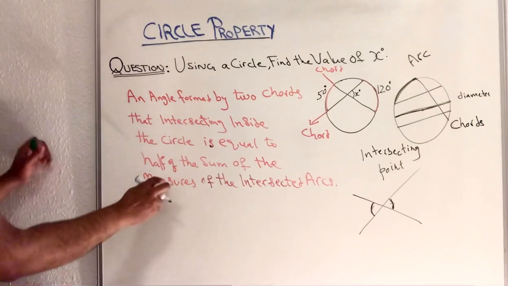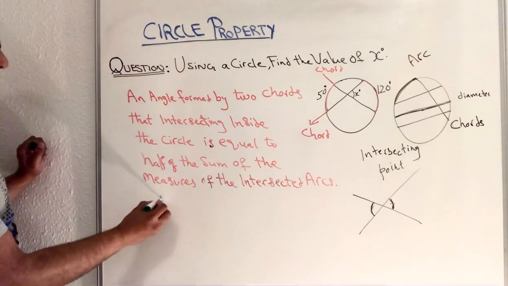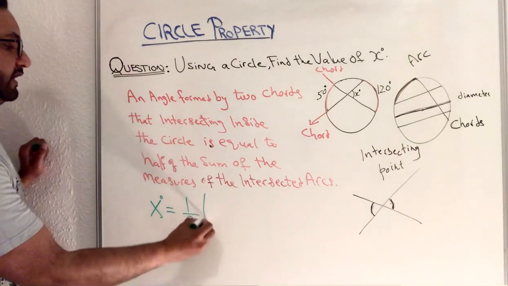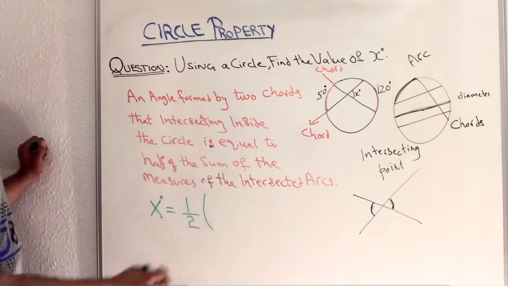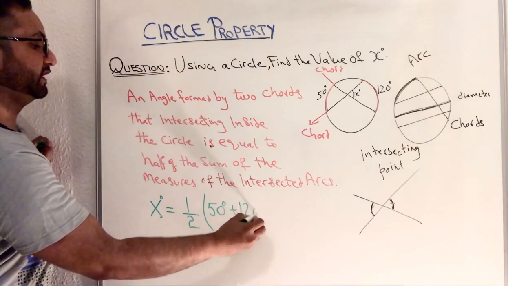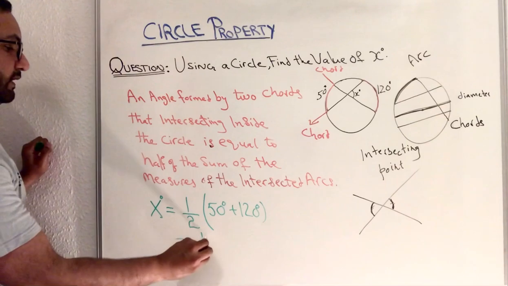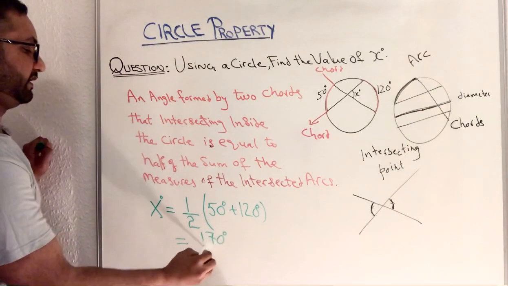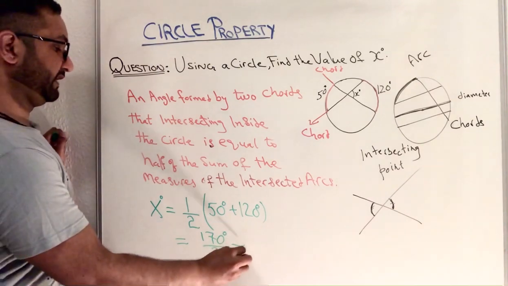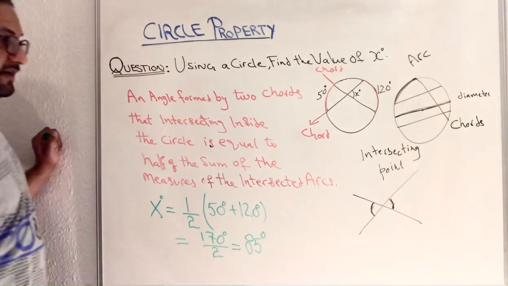So in here we need to find x. So x degrees equals half of the sum of the arcs, what are the arcs? 50 degrees and 120 degrees. When you add them, that becomes 170 degrees, and then half of it, that becomes 85 degrees.